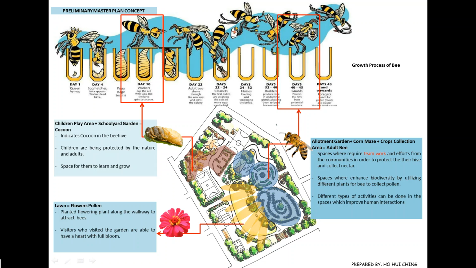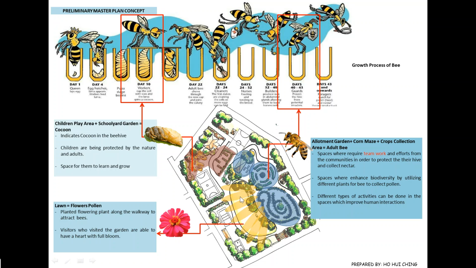I see these spaces as indicated as a bee because they serve as a place where teamwork and effort from the communities are required in order to protect their hive and collect nectar. At the same time, it also brings the meaning that they need to protect the children, which symbolizes the cocoon in a beehive, which is this area.